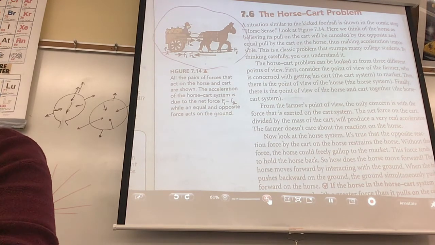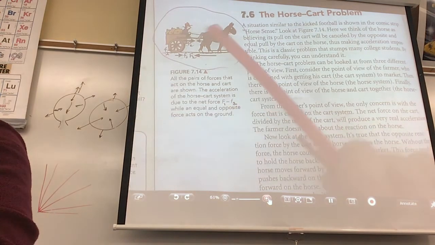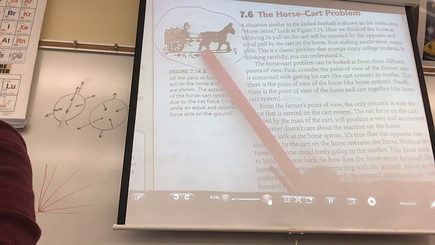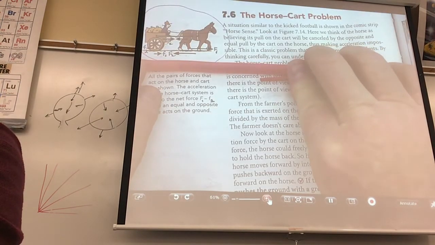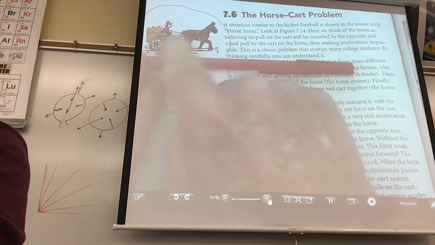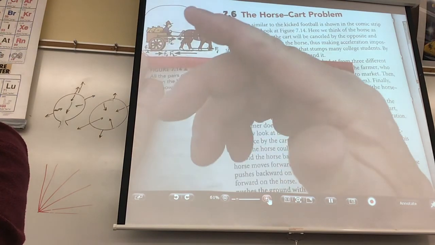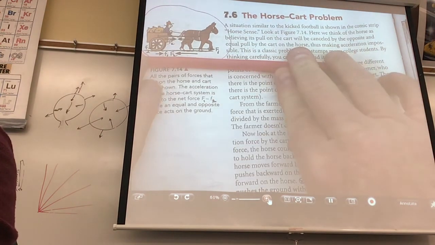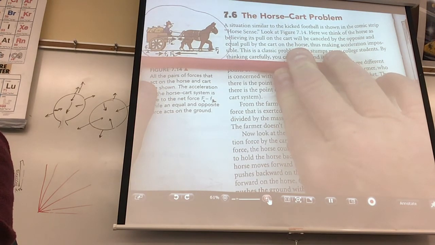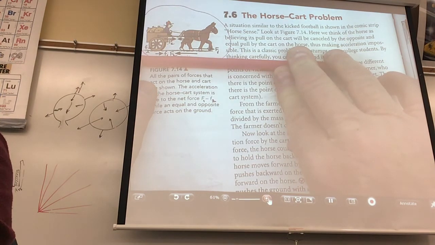Okay, I'll show you what I'm going to look at. If the horse cart is one object, we don't need to look at the ground because that's not affecting that object. And these can't exist. They're internal forces because it's not two objects anymore, it's one. So now you only have two forces left. The horse cart will accelerate to the right if the net force is greater than... Give me some letters.